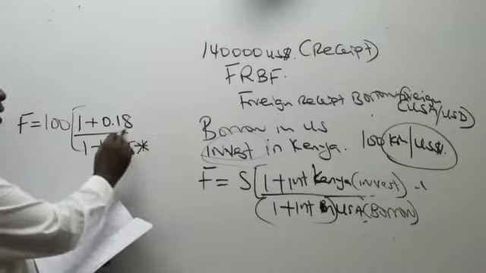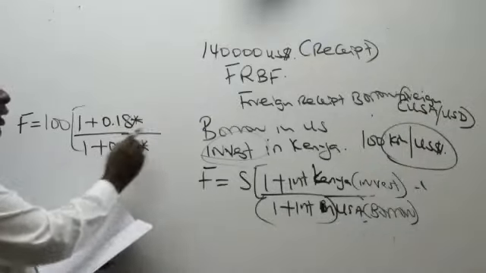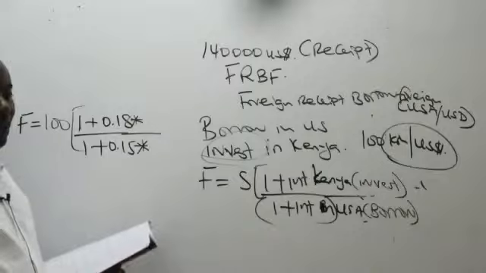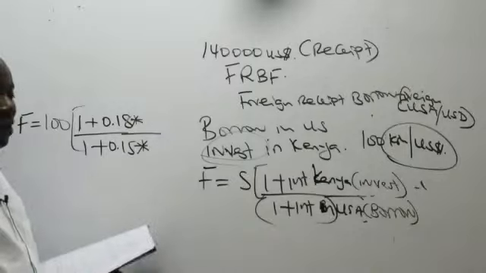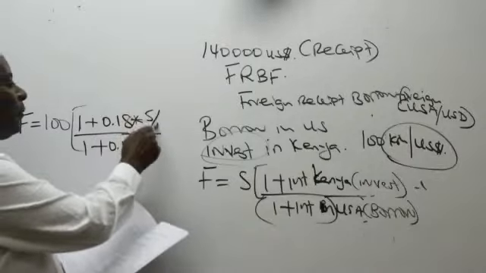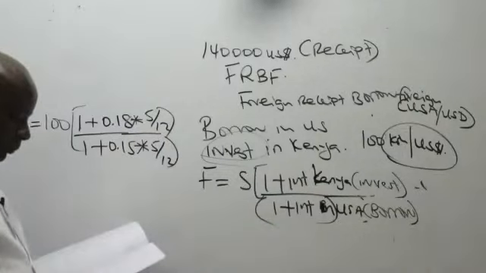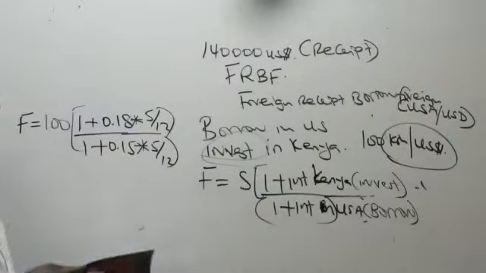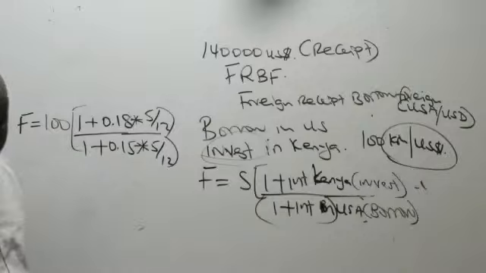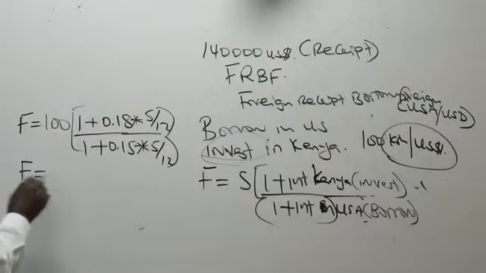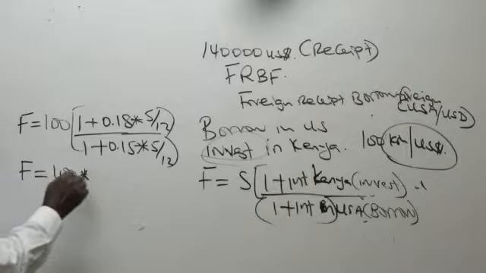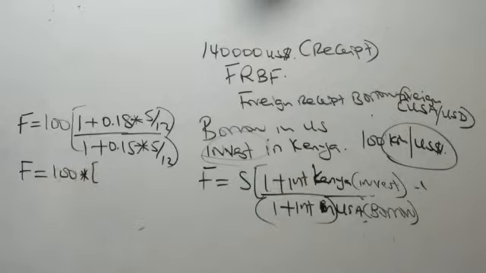After that, is there anybody who remembered to prorate the rates of interest? Times 5 over 12, like that. So please go ahead and give me this figure slowly. It will be 100 times, give me the numerator first of all.